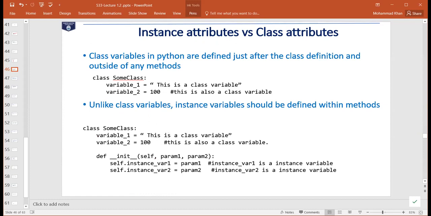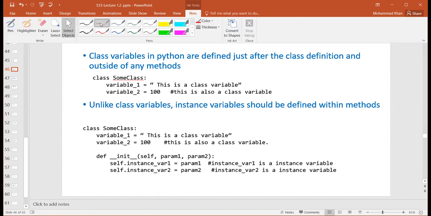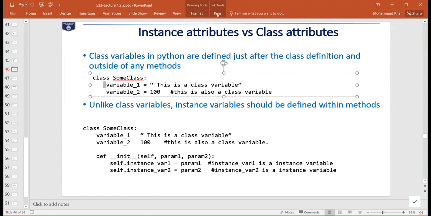So class variables are declared outside of any methods, but inside the class block, and we declare the instance variable with self dot then the name of the variable.